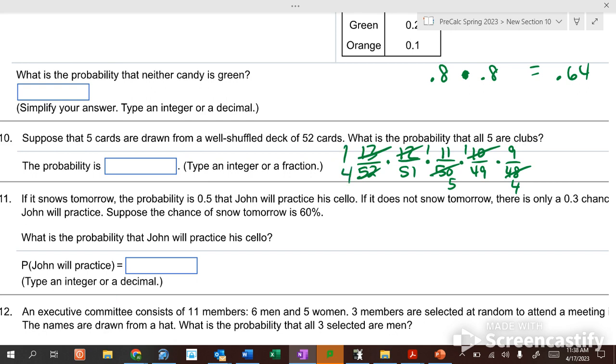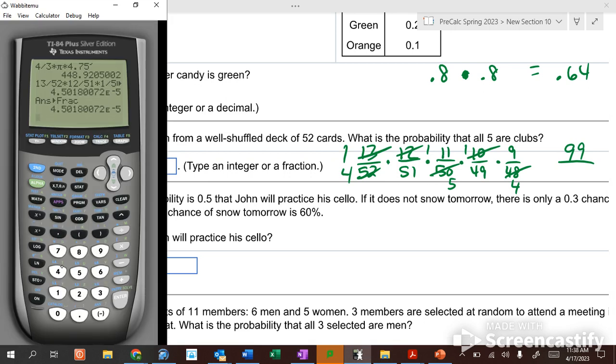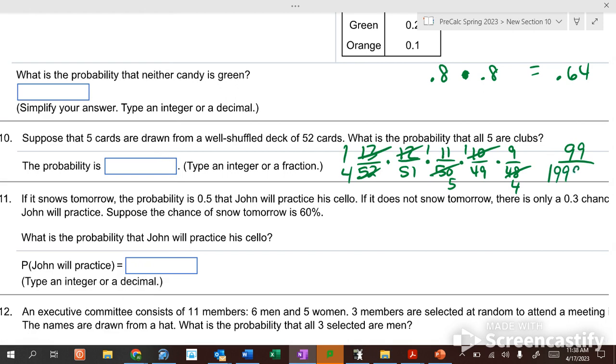Yeah, there we go. Now that we have smaller numbers, we get 99 on the top, and then on the bottom, 4 times 51 times 5 times 49 times 4. 199,920. So you got 99 out of 199,920 chances that all of them are the same suit.